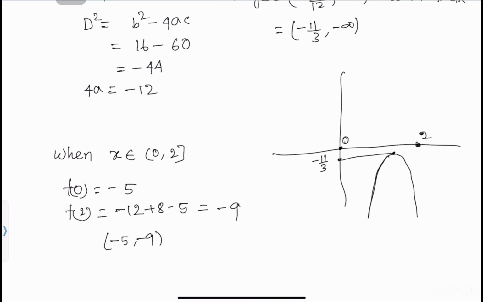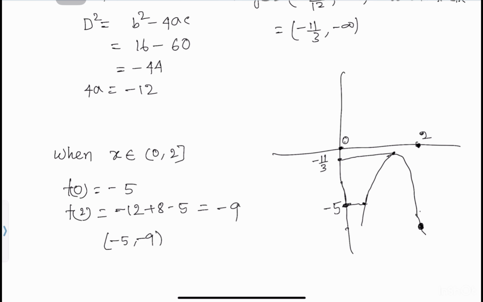Corresponding to 0, the functional value is minus 5. So if I draw this graph properly, corresponding to 0, this is minus 5, assume here. Minus 5 is here. Corresponding to 2, the functional value gives you minus 9.